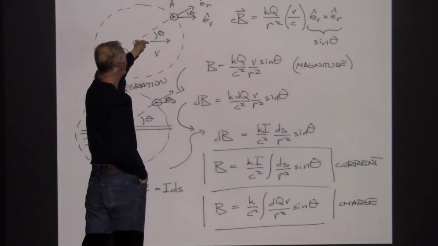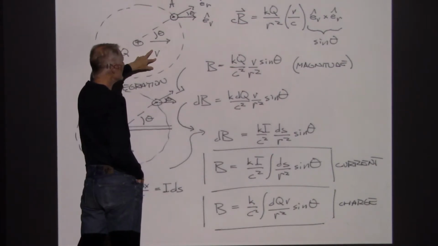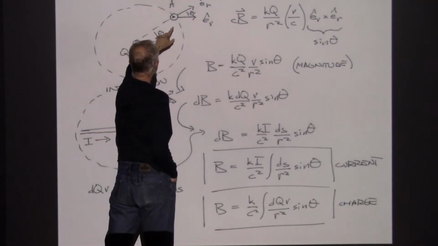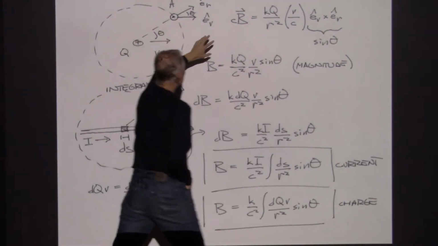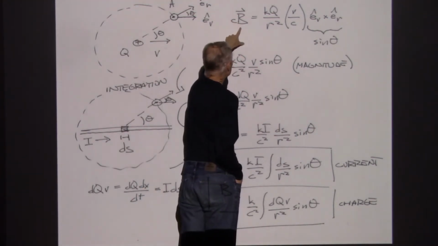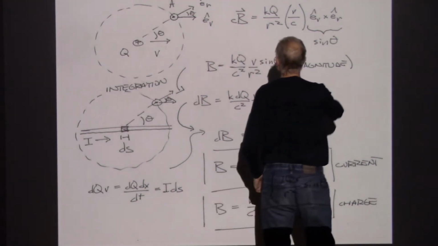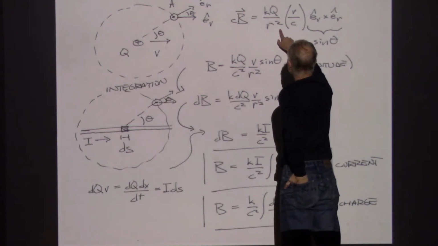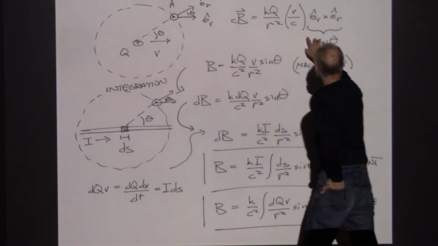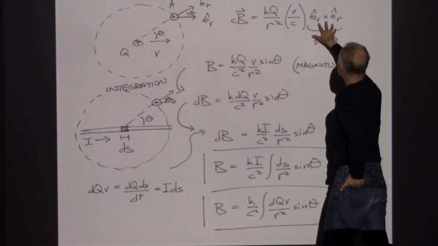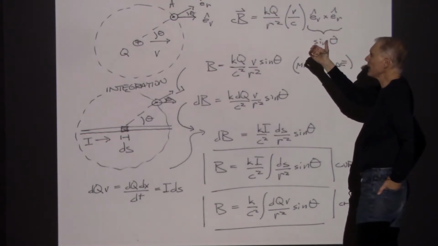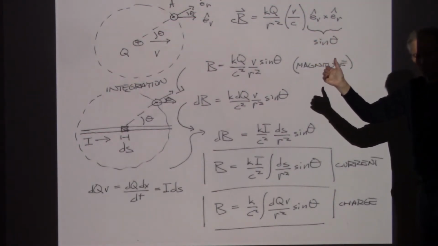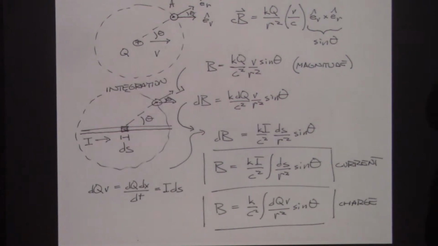Here is a charge traveling with velocity v, and I'm looking at a point here, and the magnetic field, c times the magnetic field at that point, is going to be kq over r squared, v over c, times the sine of theta, with the direction being these right-handed loops for positive charges and left-handed loops for negative charges.